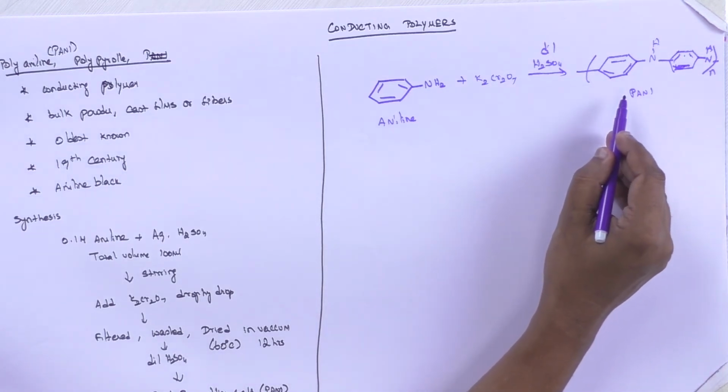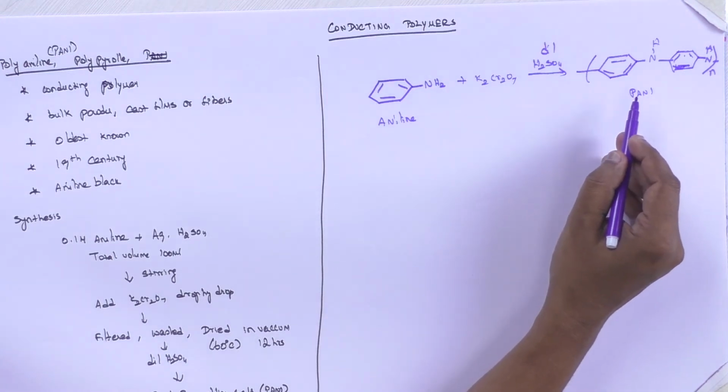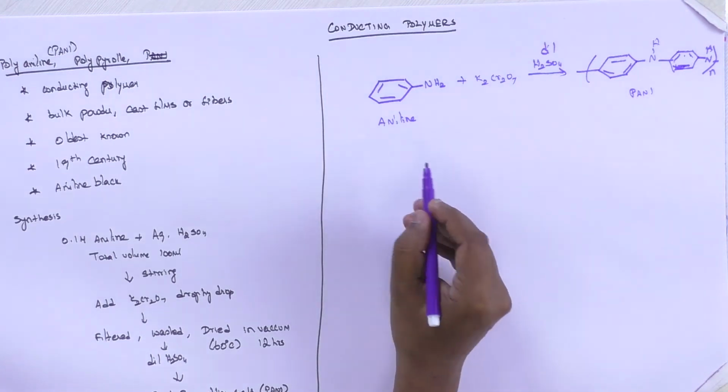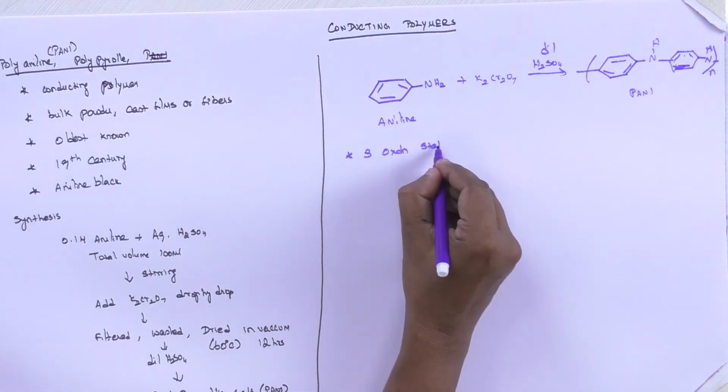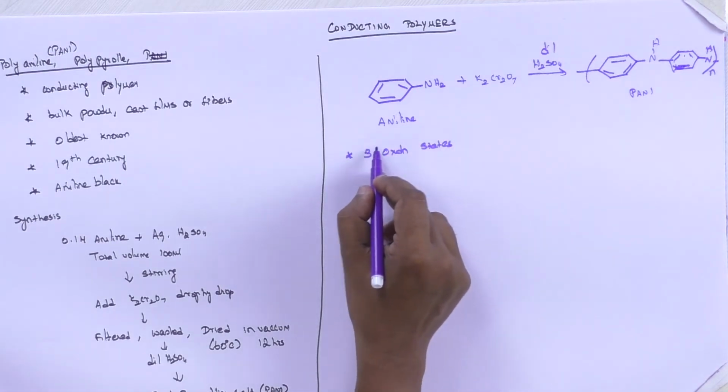The importance of this is the structure: 3 types of polyaniline are possible, found in 3 oxidation states.